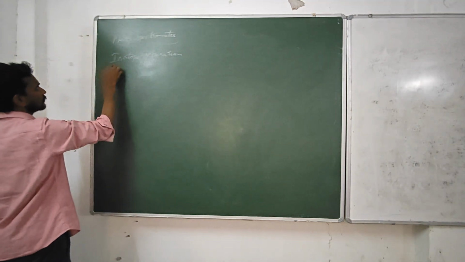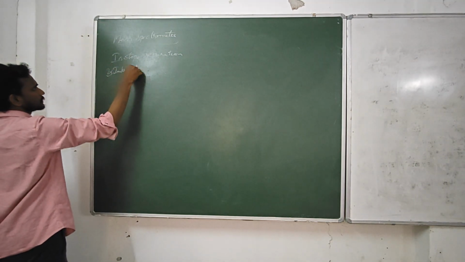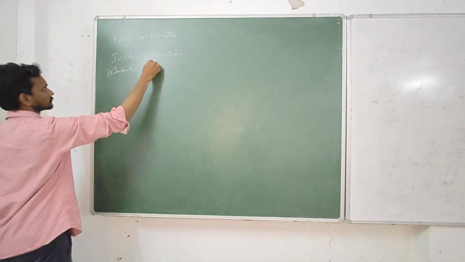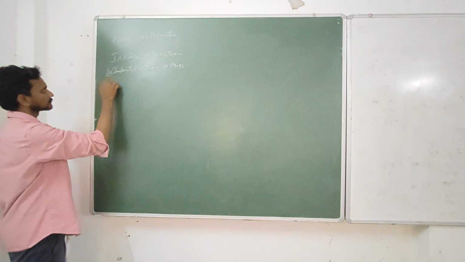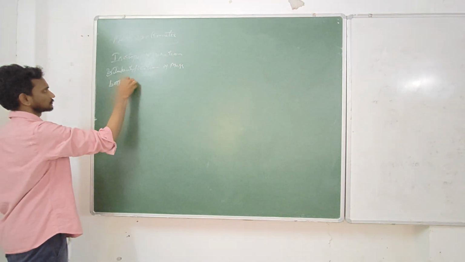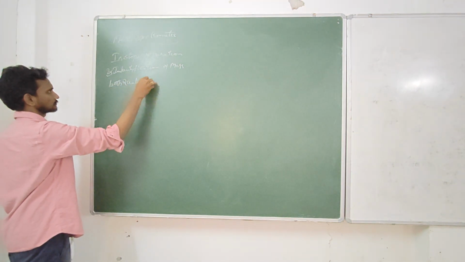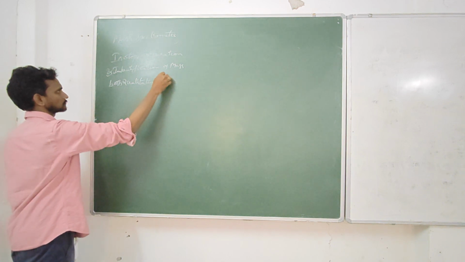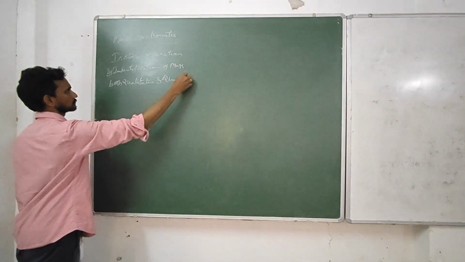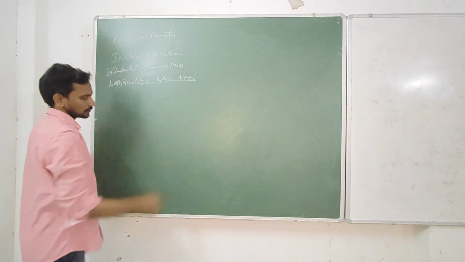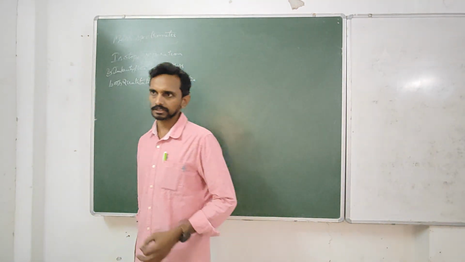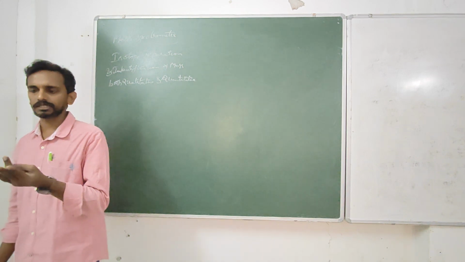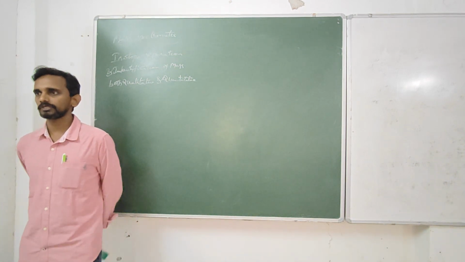Isotope separation and identification of masses. It gives both qualitative and quantitative information. I mean, how many different types of masses are there, how many elements are there, and what are their masses? Both can be identified.